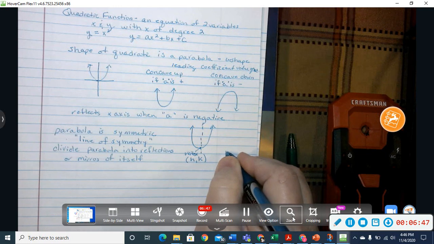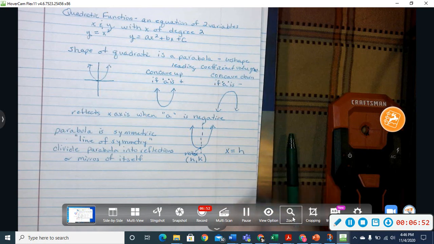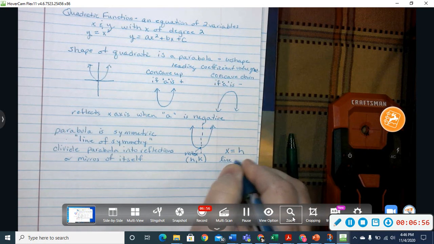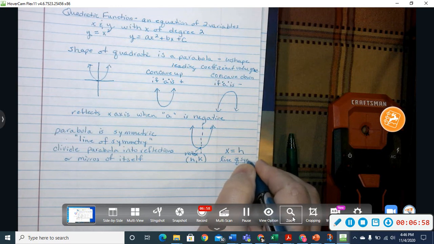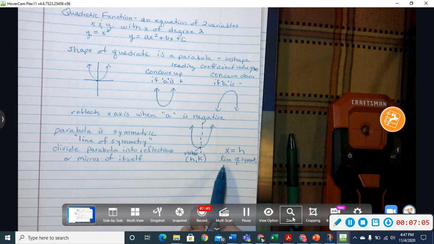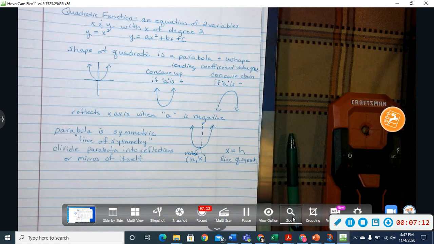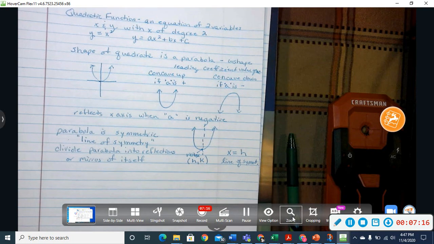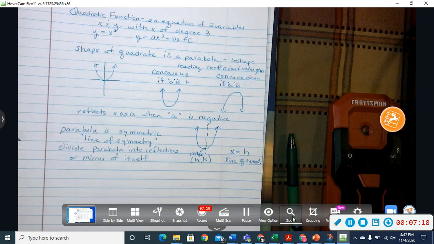So that means that it would be x equals whatever the h is for the line of symmetry. So the equation for the line of symmetry is always the x value of the vertex. It is a vertical line, so that's why it is x equals that value.